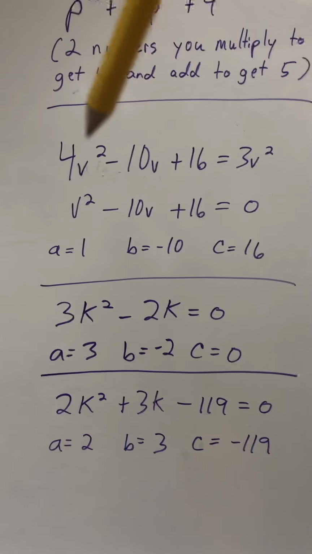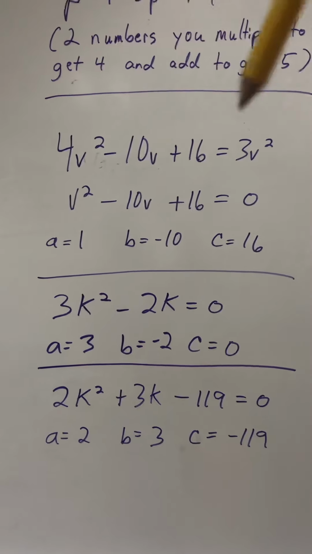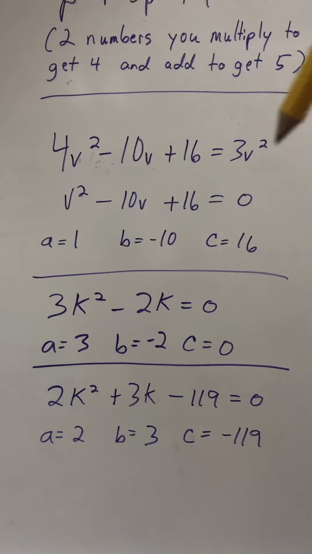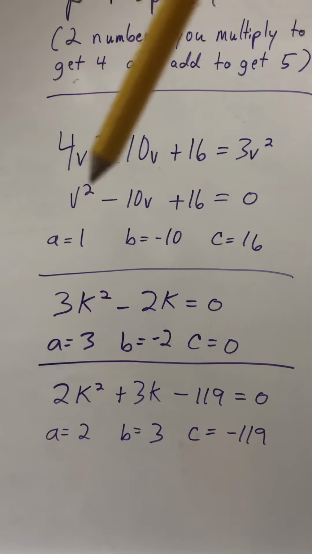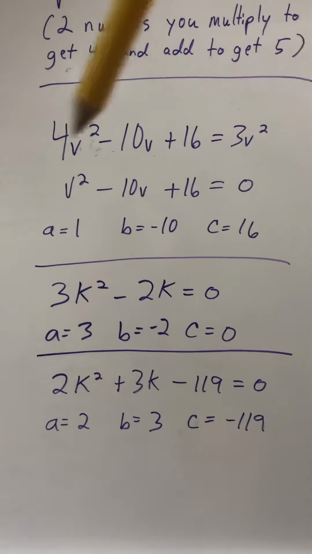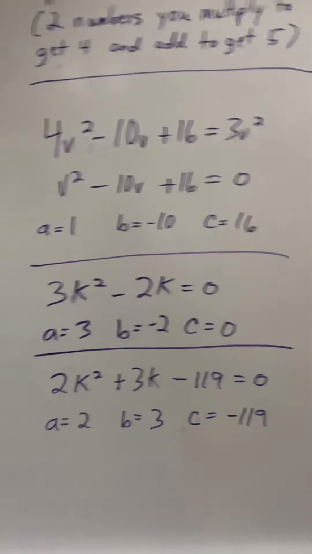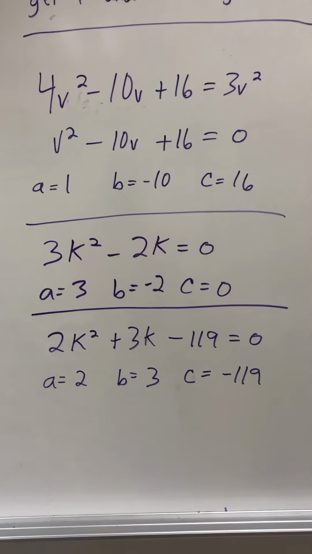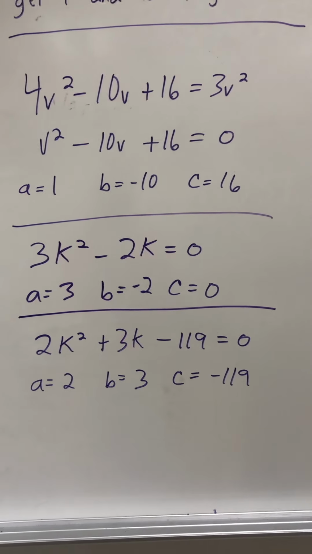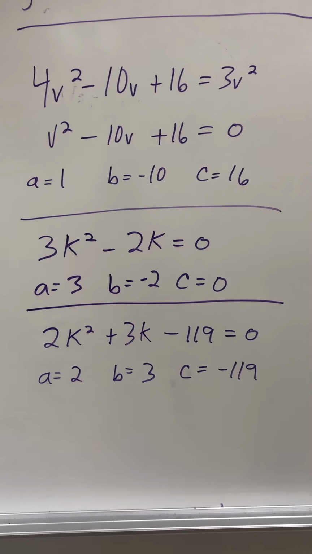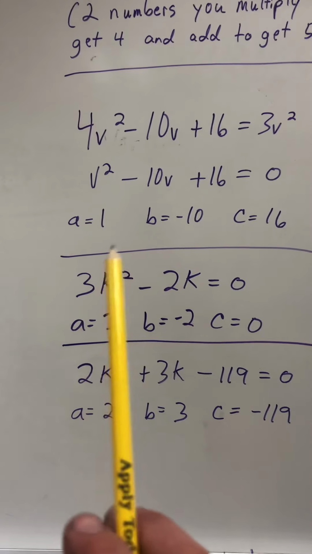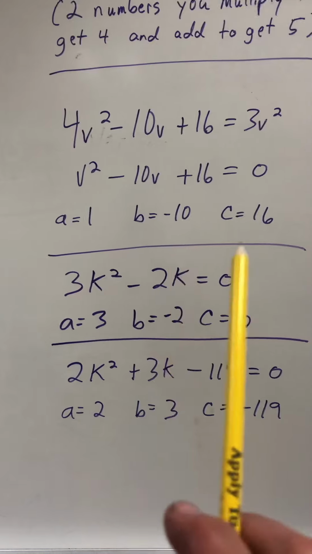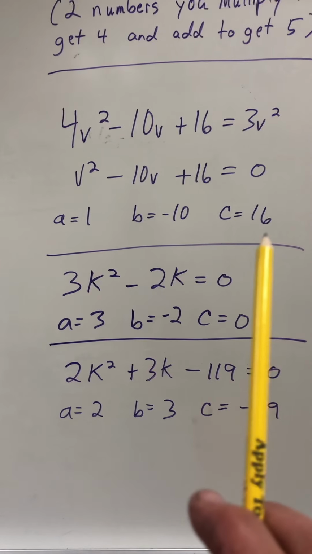Okay, this one. I've done the first step for you. You have this 3v squared that it equals, so you have to subtract that from both sides, so it actually ends up being like this. And then when you use your quadratic formula, you're going to have as your a 1, your b is going to be negative 10, your c is going to be 16.